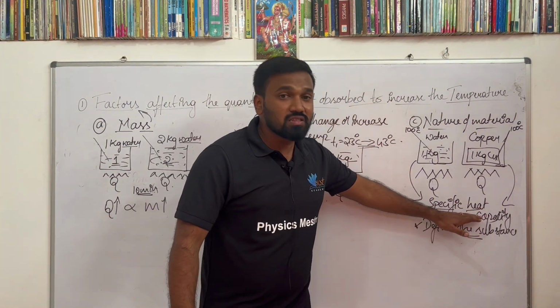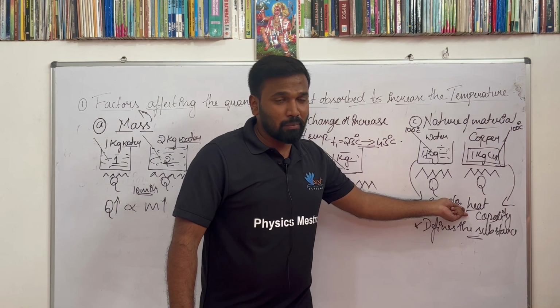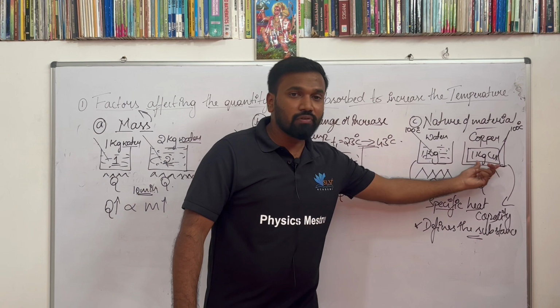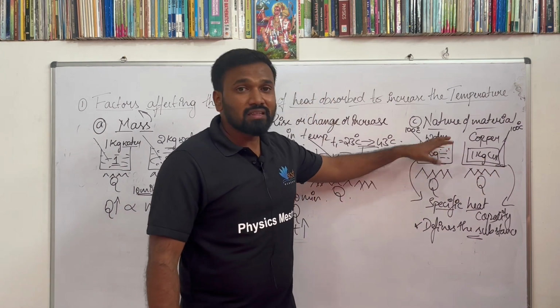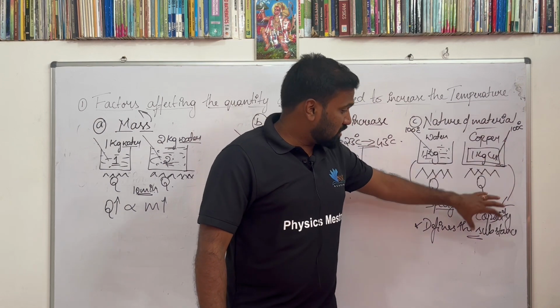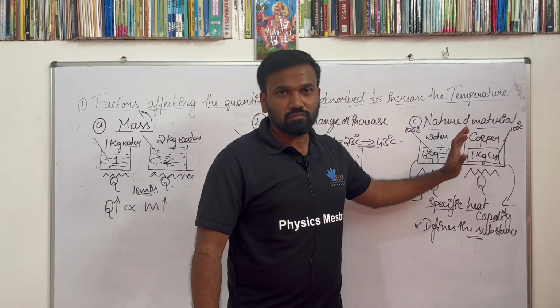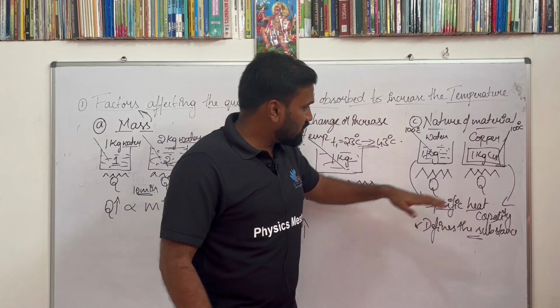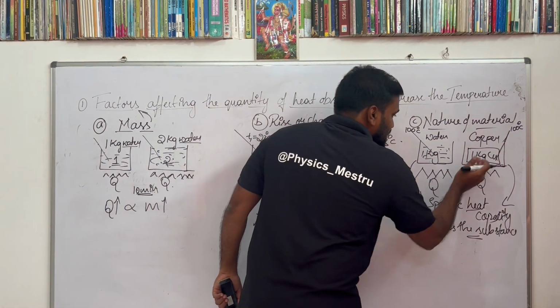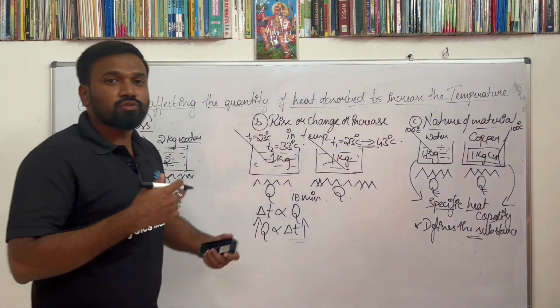There is a constant value called specific heat capacity, and it will be different for different substances. For water there will be one value, for copper a different value. So the different values will define which substance it is. Clear? Yes. So if the material changes, the amount of heat energy required for its absorption also changes.